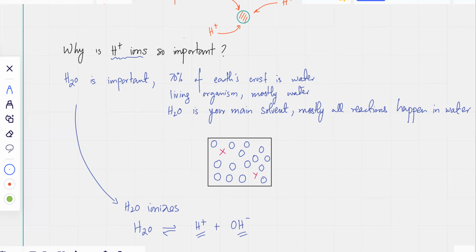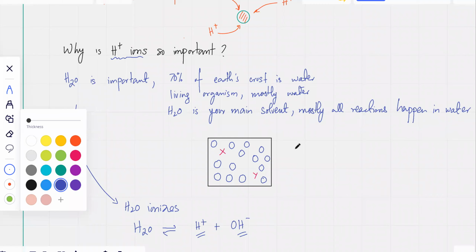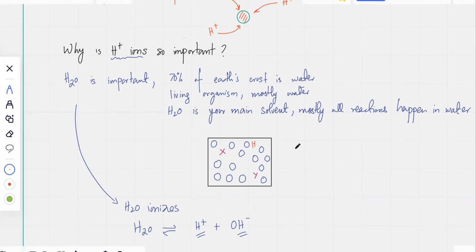Okay, so let's say this water molecule over here breaks down. This water molecule splits up into H+1 and OH-1 ions.